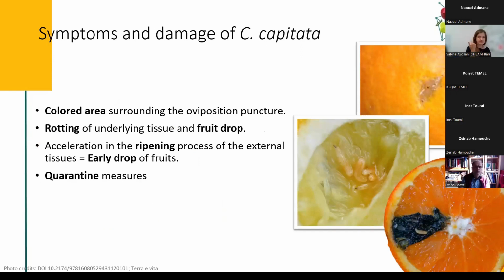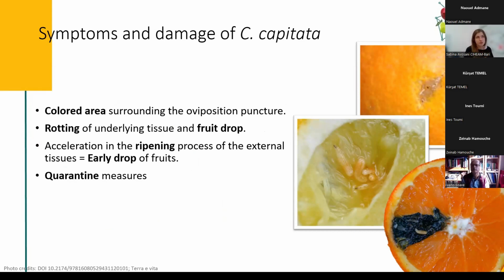In this case, the fly doesn't damage the plant, but the problem is that by ovipositing the eggs inside the fruits, it causes a really huge reduction in terms of yield.